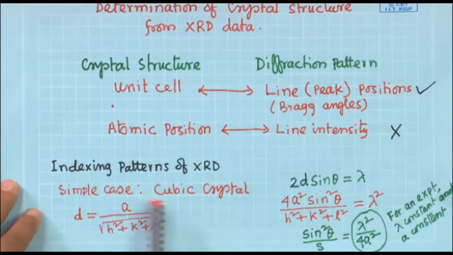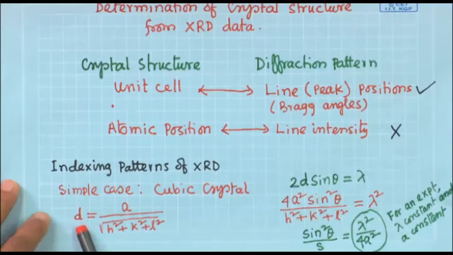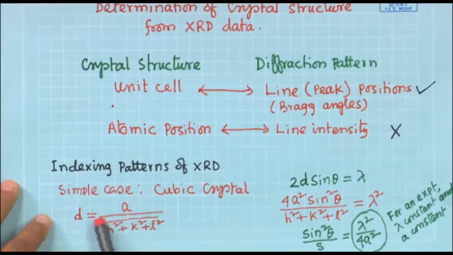In case of a cubic crystal, you know the relation between the lattice parameter and the planar spacing d: d equal to a divided by the square root of h square plus k square plus l square, where h, k, l are Miller indices.